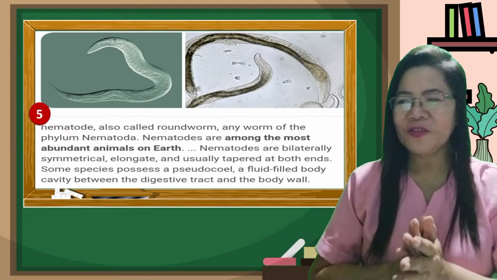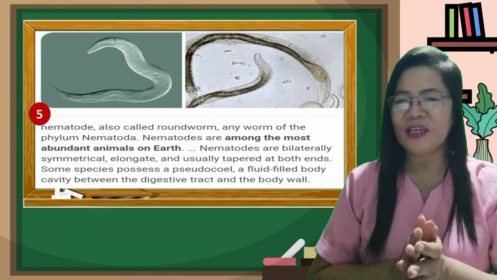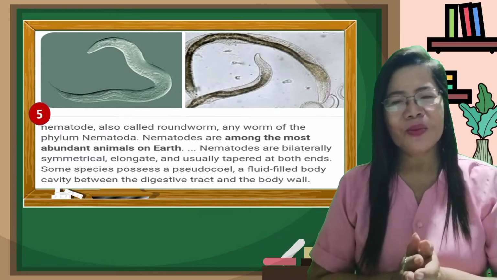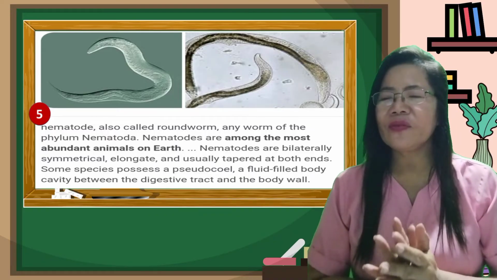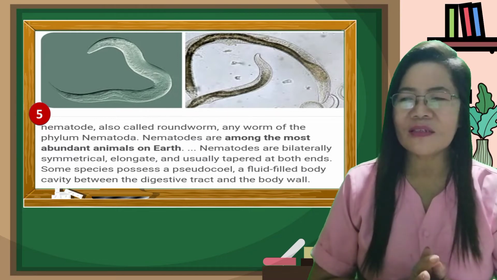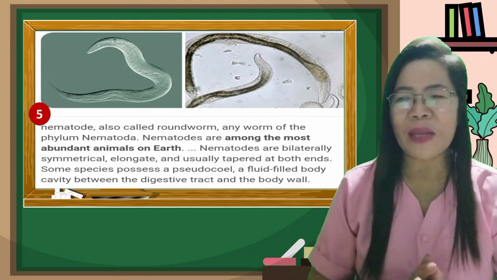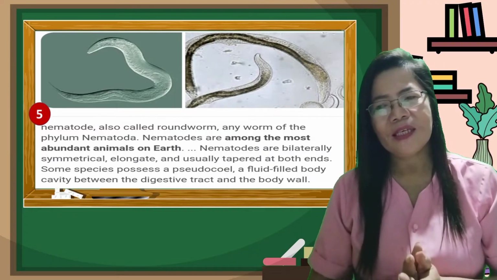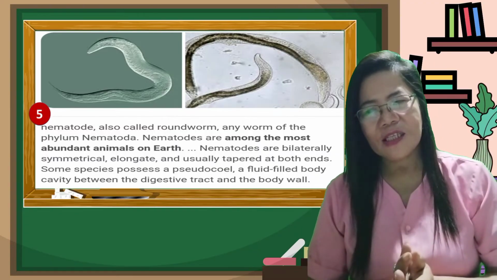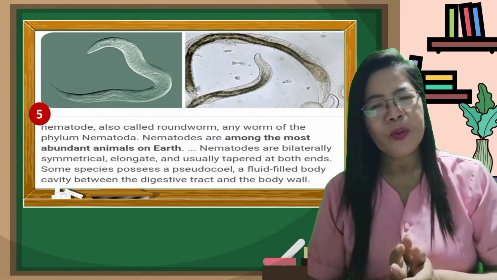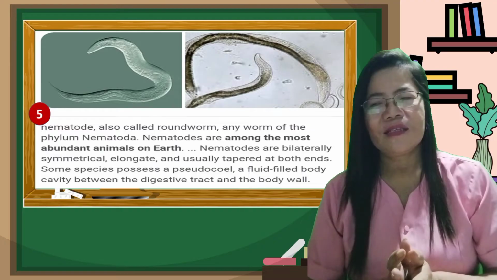Okay, next, the fifth group of invertebrates are nematodes, also called roundworms. Any worm of the phylum Nematoda. Nematodes are among the most abundant animals on Earth. Nematodes are bilaterally symmetrical, elongate, and usually tapered at both ends.